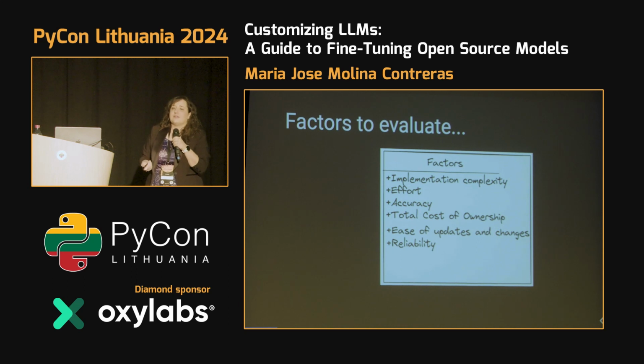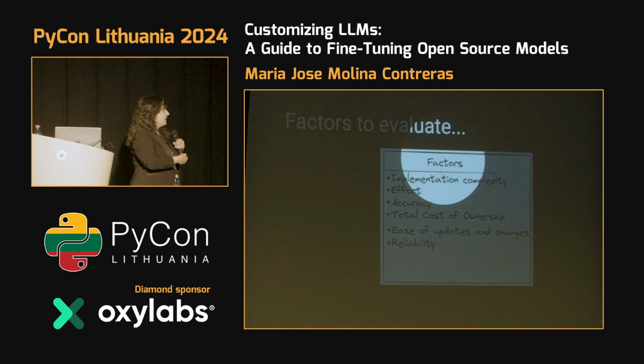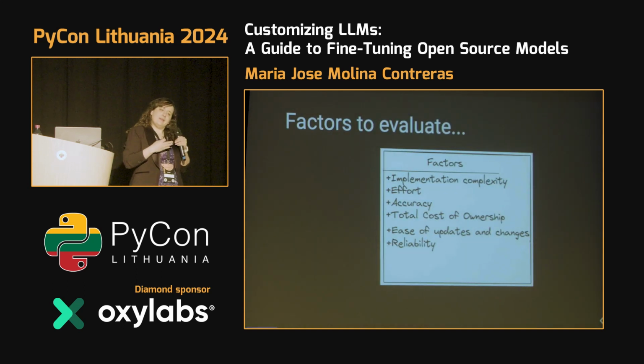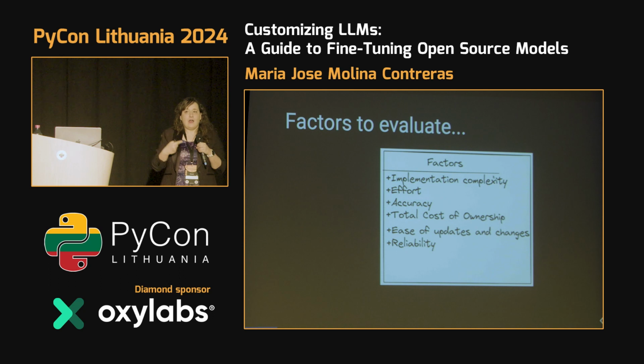Which factors do you need to evaluate to say, yes, let's go for fine-tuning? I created this list that helped me to say, well, maybe yes. It also helped convince other people that it was a good way to go. For me, implementation complexity is one of the key points. How much effort are you going to invest, and how much benefit are you going to get from this implementation?